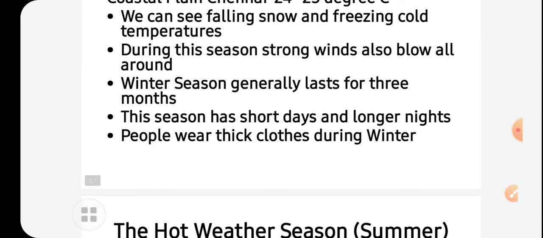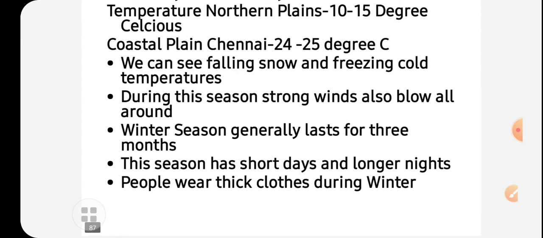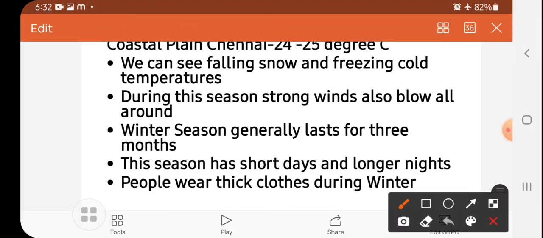In detail, this particular season gives a different kind of experience. In the northern part of the country, there is sometimes high pressure, which is very necessary when we are discussing climate.